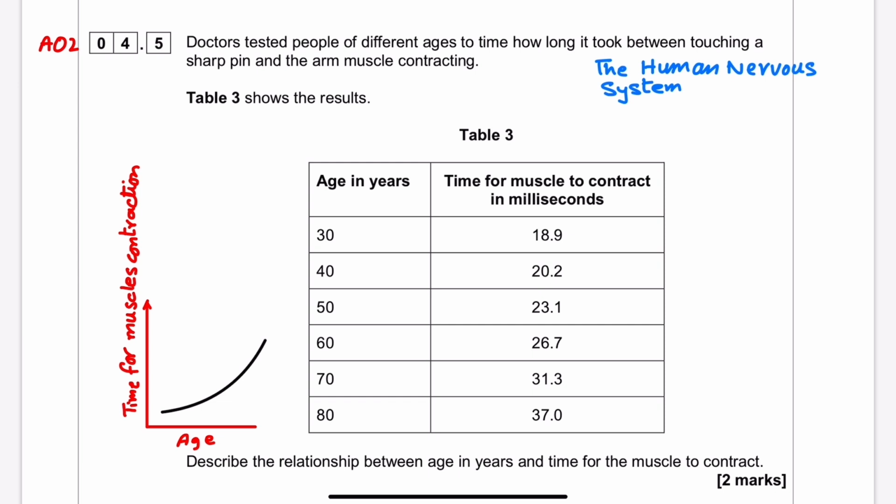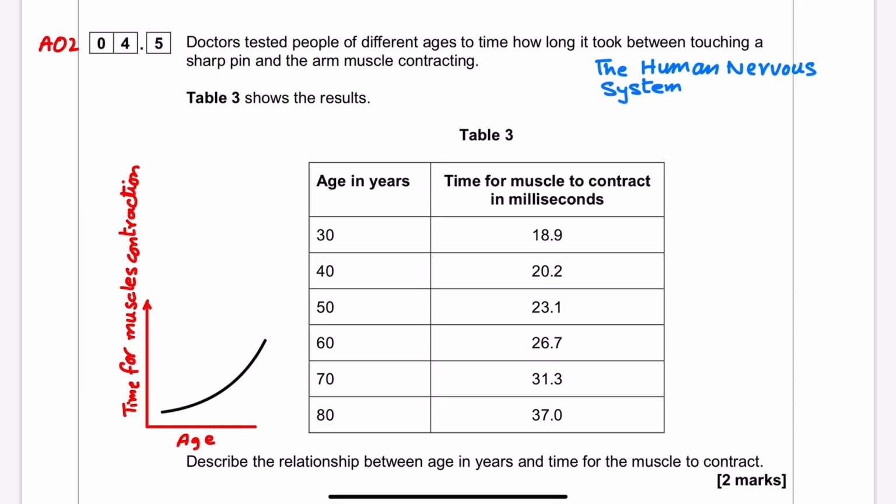If the age is increasing, the time of contraction is also increasing at an increasing rate. It shows that the relation between the age and the time of contraction is not a straight line. We can see from the graph, the increasing rate means that it is becoming exponential, that it keeps increasing more and more with the age.